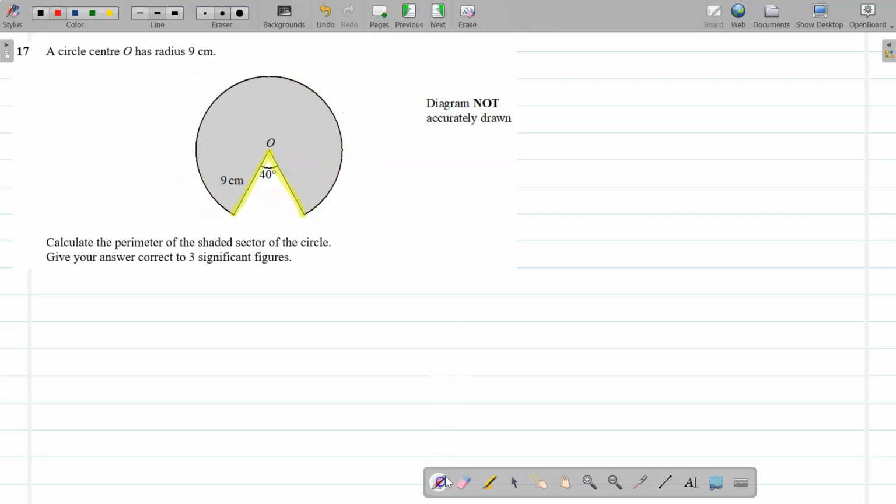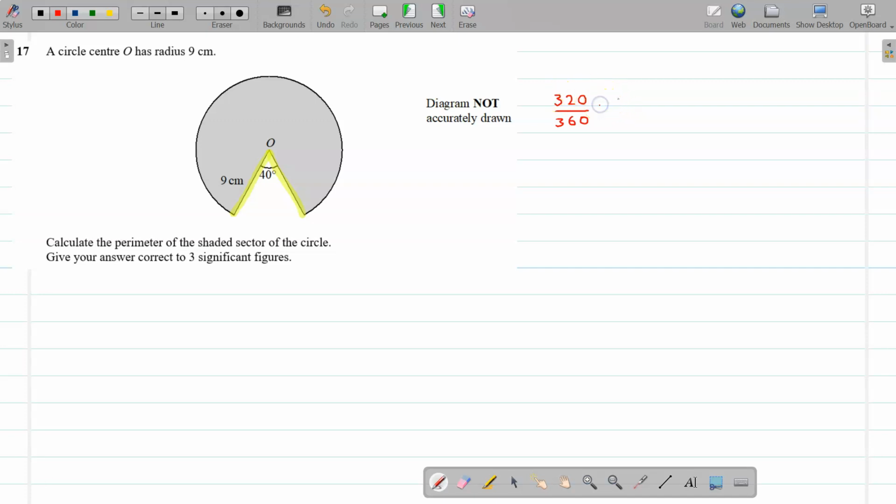edge of the circle. Now, if this were a whole circle, it would be 2 pi r. Okay, that would be the circumference, but it's not a whole circle, it's 40 degrees less. In fact, it's 320 degrees worth of a circle. So I've got 320 360ths of a circle, which has a circumference of 2 times pi times r.